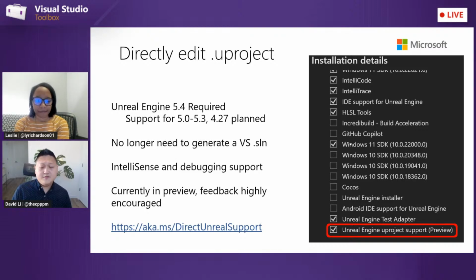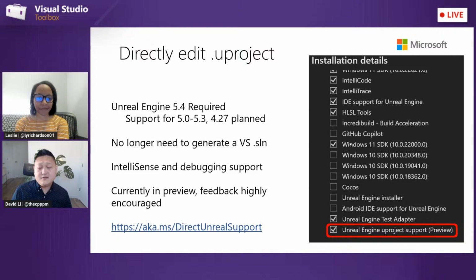So now in Visual Studio, you can directly open a U project. Isn't that great? Yeah, that is great. That seems pretty tedious to have to create this arbitrary solution that maybe you don't need or isn't part of your usual workflow.